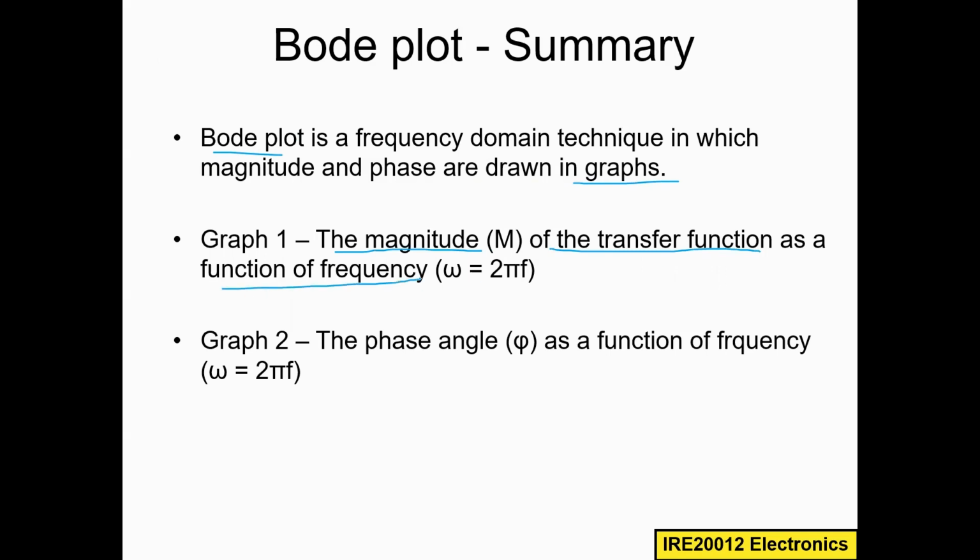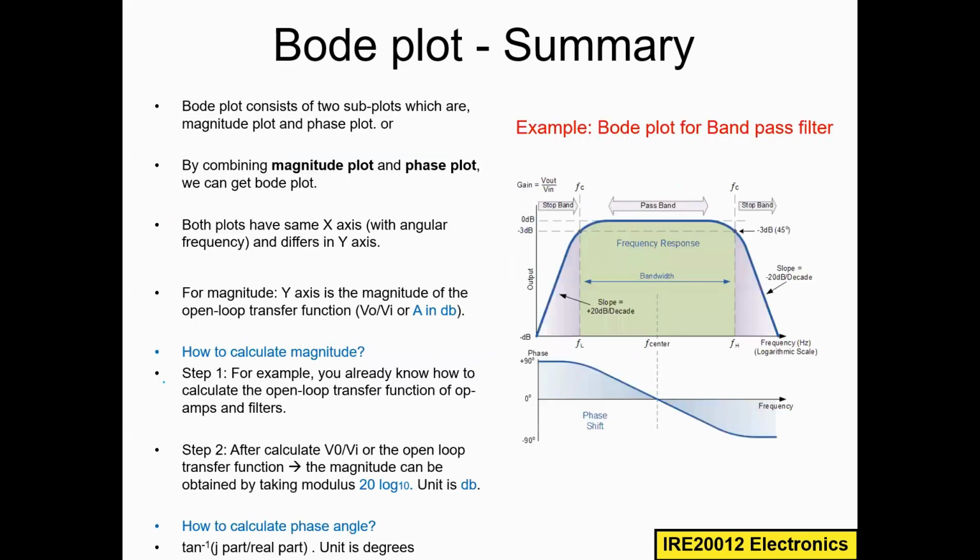This is the first part of the graph. And graph 2 is the phase angle, phi, as a function of frequency. Here omega is equal to 2 pi f, which you should remember. So this is how the Bode plot is constructed.